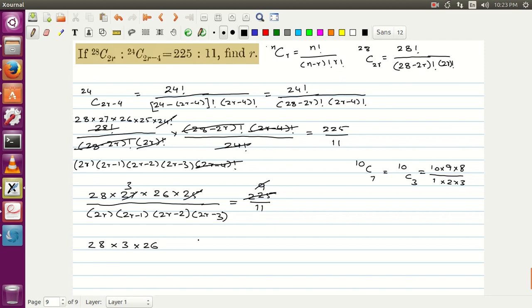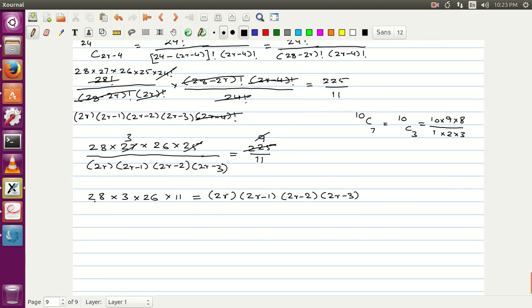Now we bring this 11 over here, times 11, is equal to, we bring everything from this side, the denominator to the numerator, this is equal to (2r minus 1) times (2r minus 2) times (2r minus 3), right?